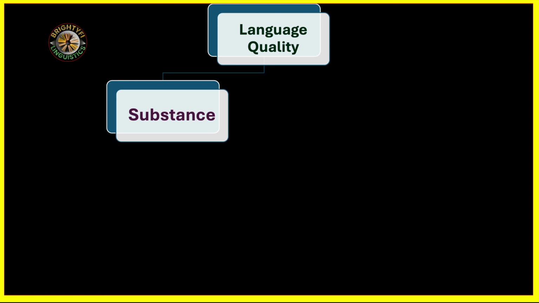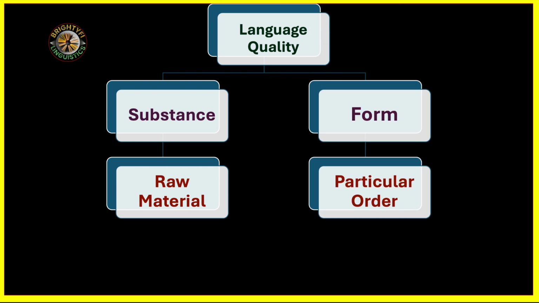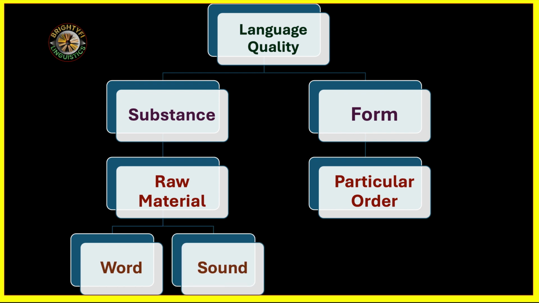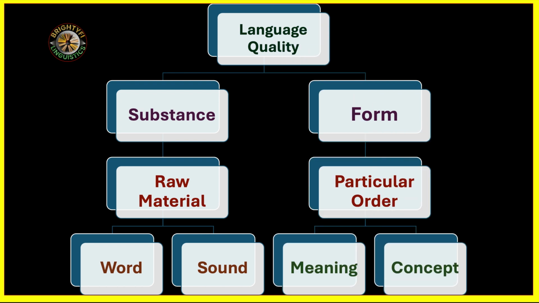That is how language works. It is divided into two parts, basically substance and form. Substance refers to raw material, and form refers to a particular order. The raw material may be words, like the 26 alphabets of the English language, and sounds, like the 44 sounds of the English language. When you give a particular order, it gives you meaning and makes the concept clear.